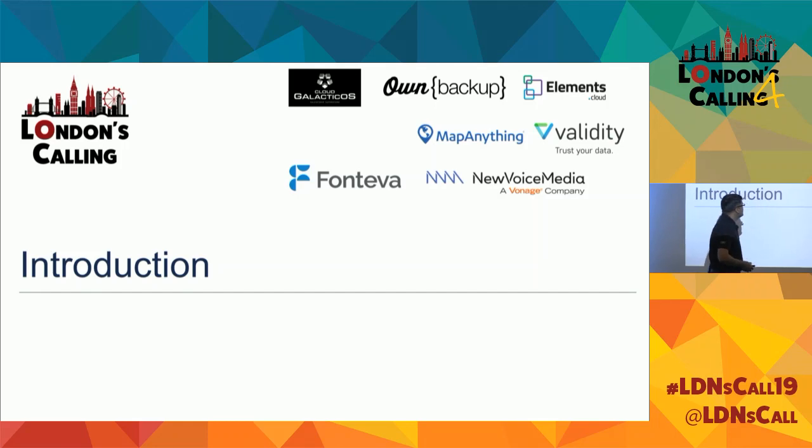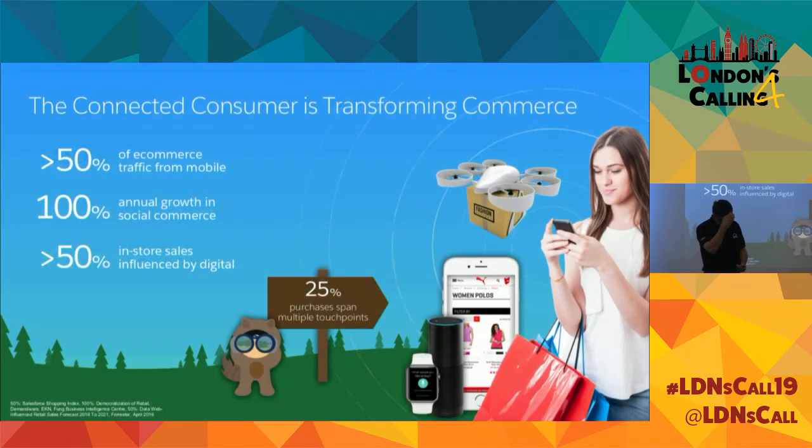So let's talk about e-commerce. This is one of the slides I picked from the Salesforce marketing material. What it really talks about is how e-commerce has changed as a paradigm in the last decade or so. More than 50% of e-commerce traffic these days comes from mobile. There has been 100% year-on-year growth in social commerce.